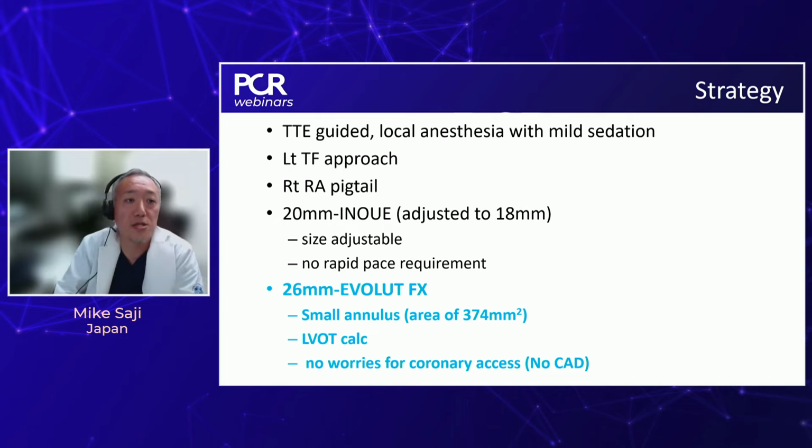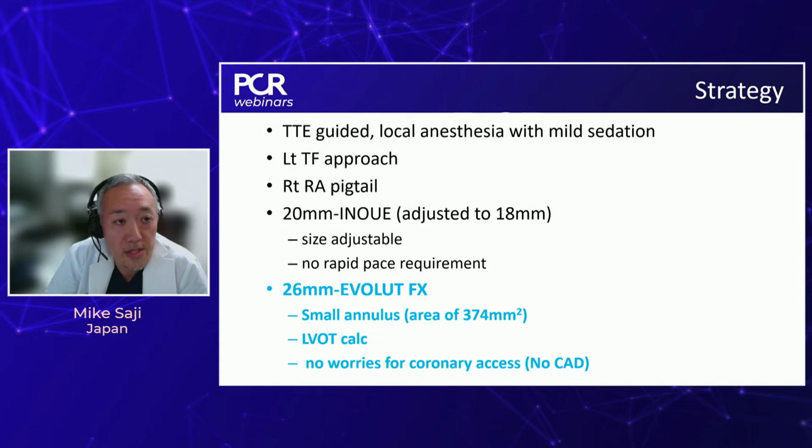So in this specific patient, the strategy is as follows. TTE-guided local anesthesia with mild sedation from the transfemoral approach, with a pigtail catheter from the right radial artery. Before the deployment of the valve, we decided to do the BAV with a 20 millimeter InoueBalloon adjusted to 18 millimeter because of the size-adjustable balloon, and also the benefit of no rapid pacing requirement.